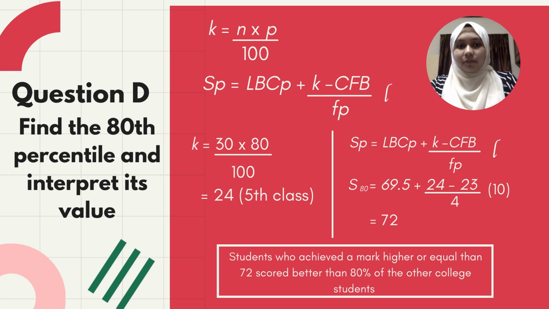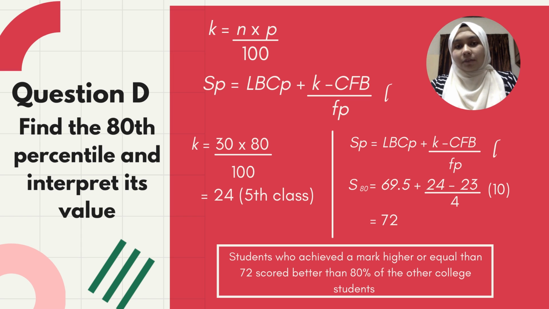So the 5th class lower boundary is 69.5, and then we have to plus with K. K, we already found the answer, which is 24, minus CFB, which is the cumulative frequency of the class before it. So since the cumulative frequency was 27 in the table, the before is 23. So the value of CFB is 23. And then we have to divide that by FP.